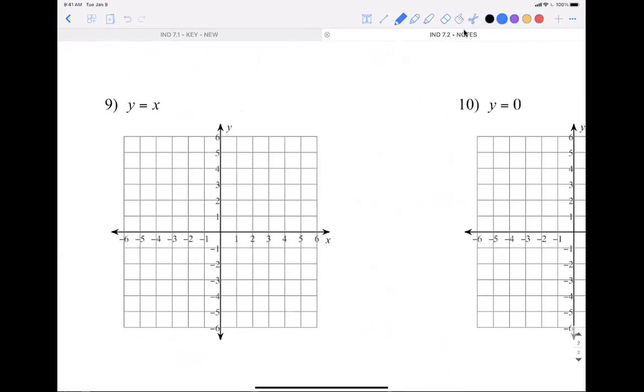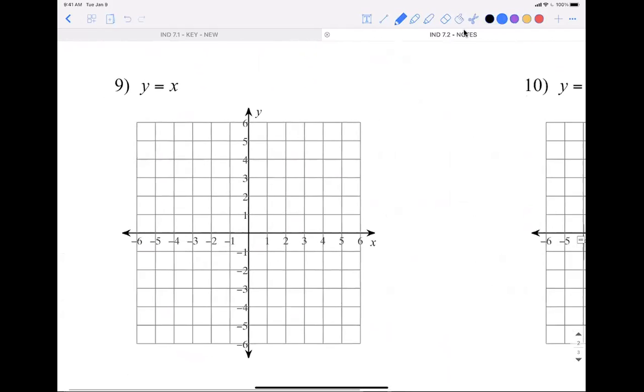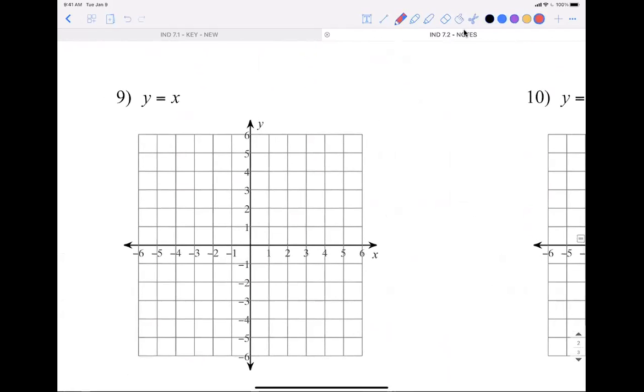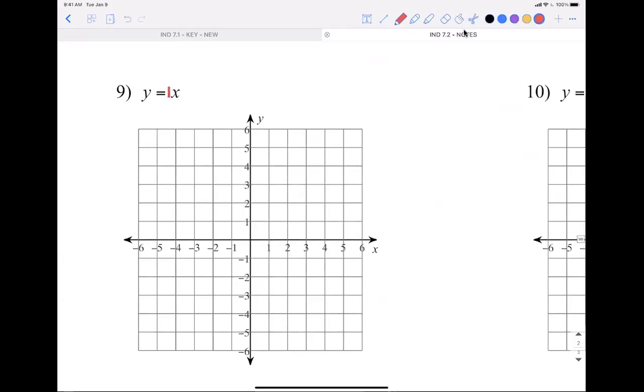The only time it's horizontal or vertical is when there's only an X or only a Y. If you ever have both, you're always going to have some sort of slant and some sort of Y intercept. So we just need to fill in the blank of what's there, but it's not there. There's really a 1 here, right? And there's really a +0. So our M here is 1 over 1, and our B here is 0.